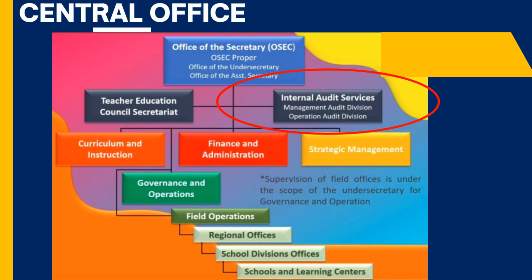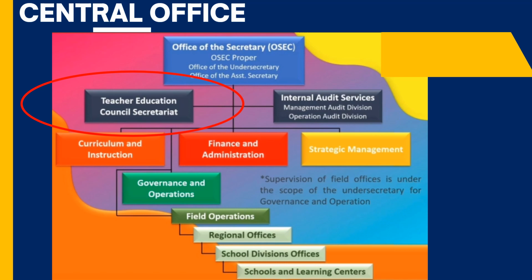Under this is the internal audit service, whose general office function is to serve as watchdog of the department through appraising existing procedures and related matters as to efficiency and adequacy, and of course detecting and preventing fraud or dishonesty, verifying the extent of compliance in a protective nature to the extent possible.